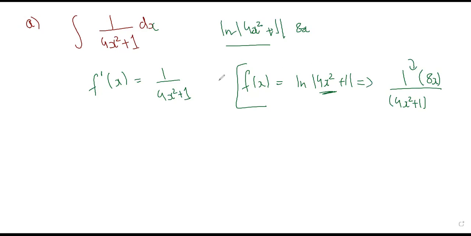Very well done. But you can divide by 8, you can divide by 10, you can divide by 1000, but you cannot divide by 8x. You cannot modify a function this way. This is what you are saying, that you can take 8x here and 8x here.